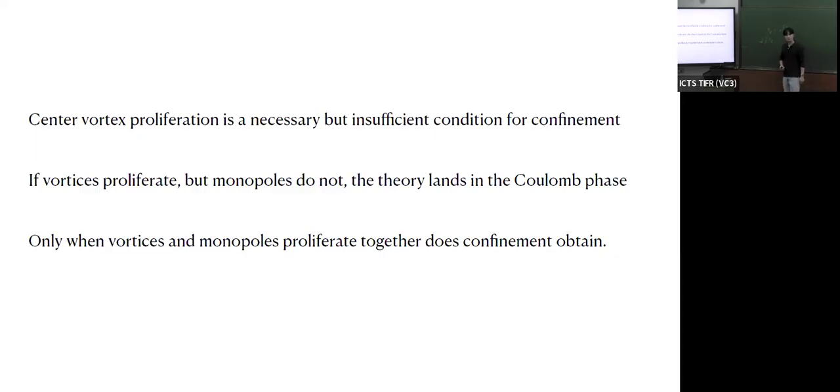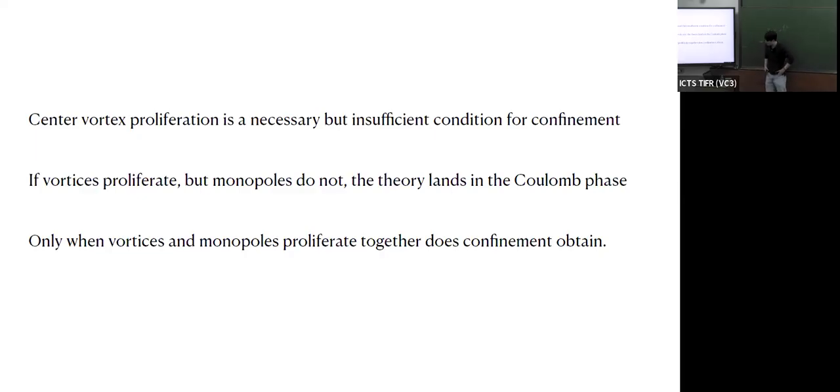Why do you say necessary? It's necessary because what I'll argue is that confinement will occur when both vortices and monopoles proliferate. So far, I've shown that it's insufficient. Yes, you're right.